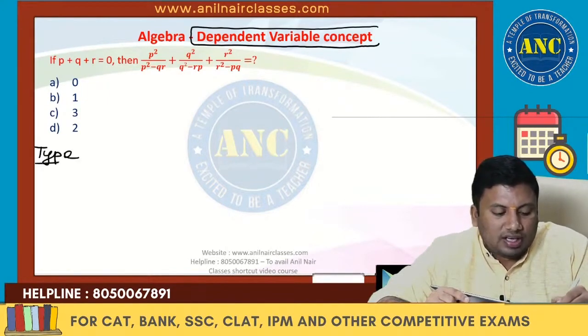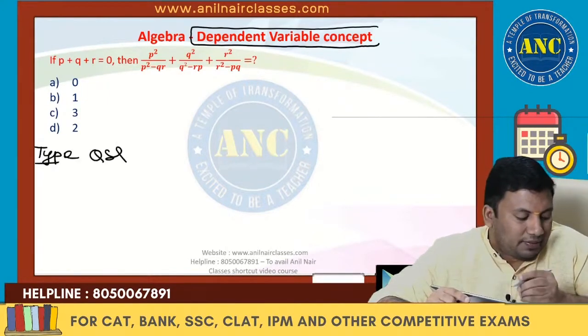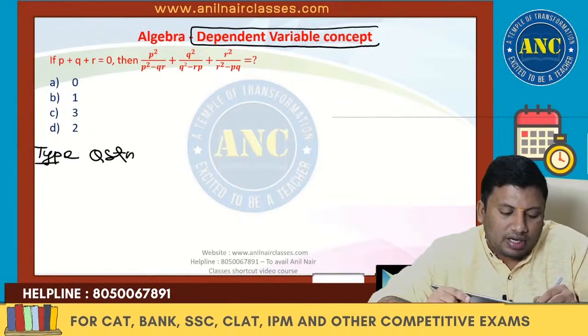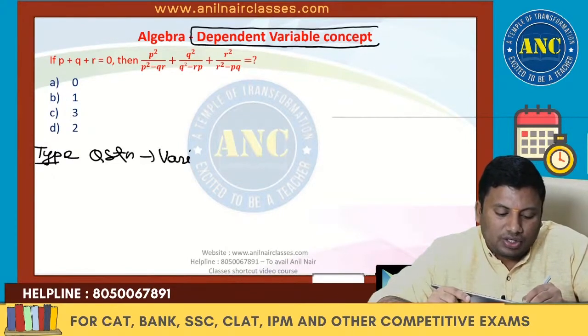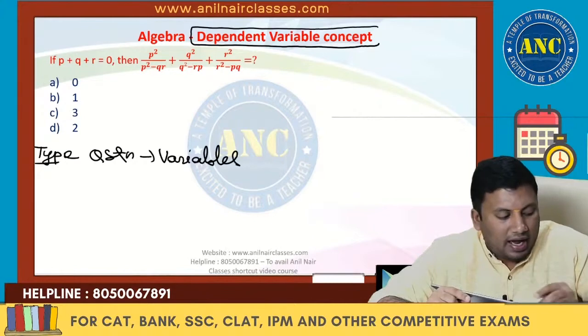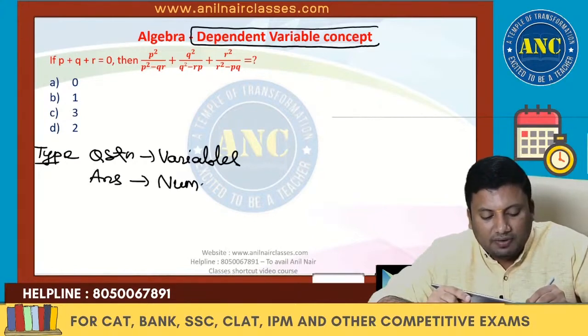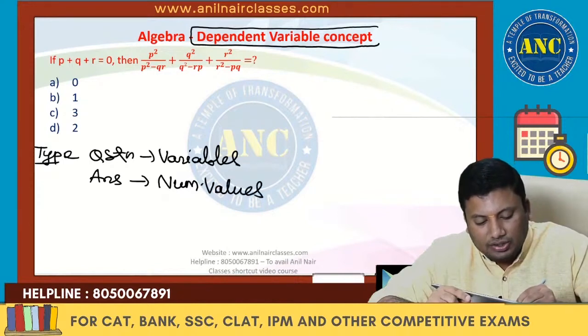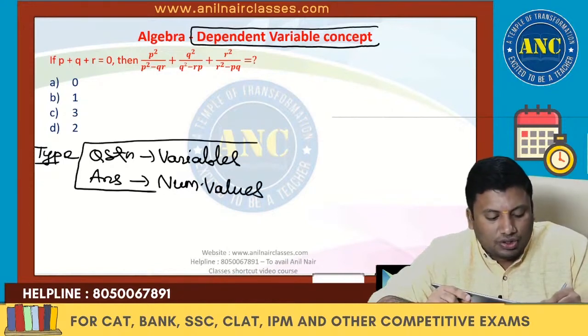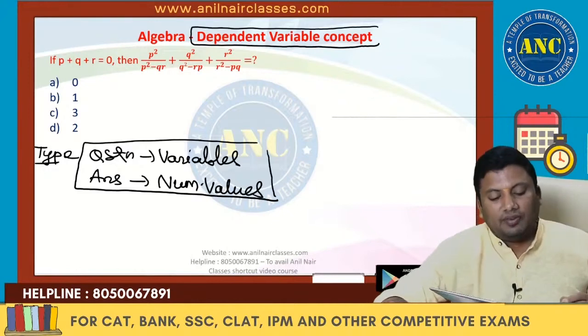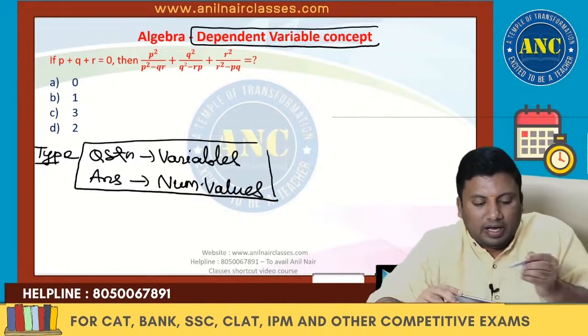What is this type? The question contains variables, and the answer contains numerical values. How to solve it?